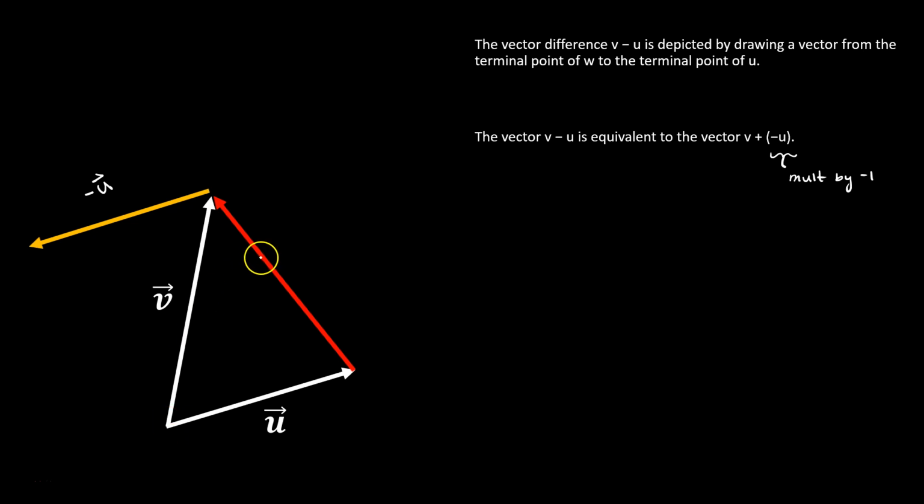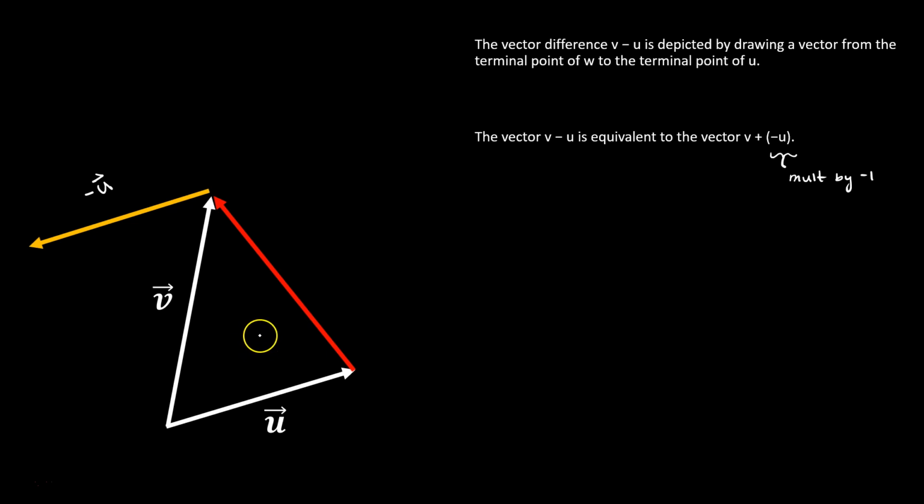Now, this can get a little bit tricky because if we just think about drawing a vector that connects the two terminal points of u and v, we might get confused about which part of this red vector is the terminal point. Should it be this side or should it be this side? If you go through the process of multiplying u by -1 and then working it out with addition, you'll find it correctly.